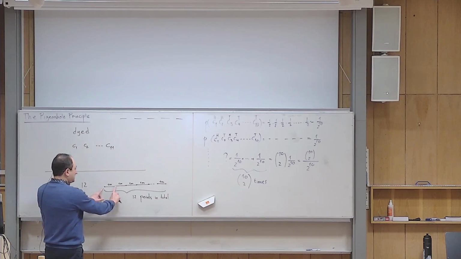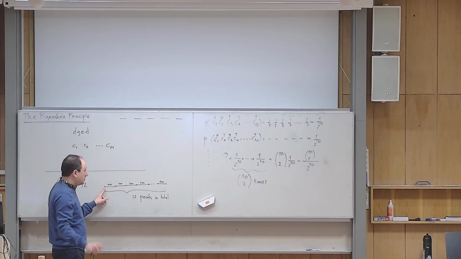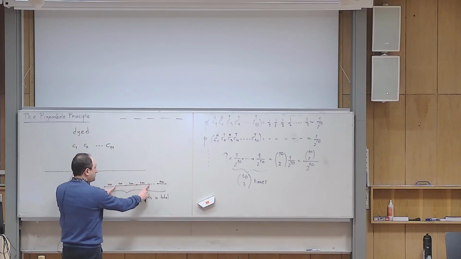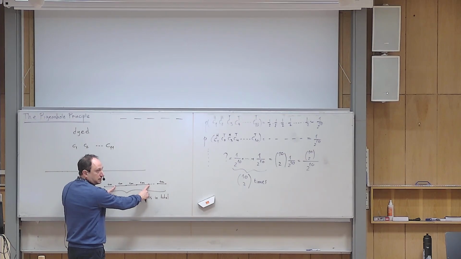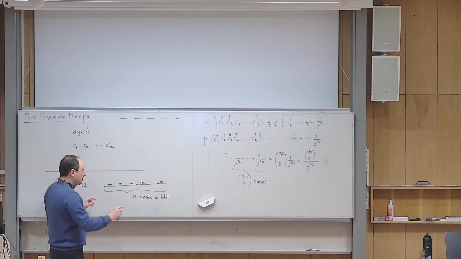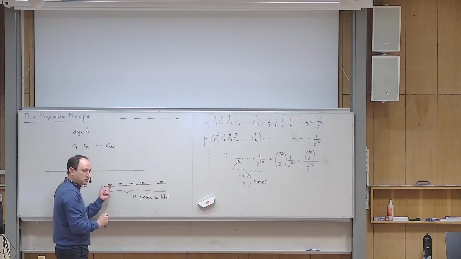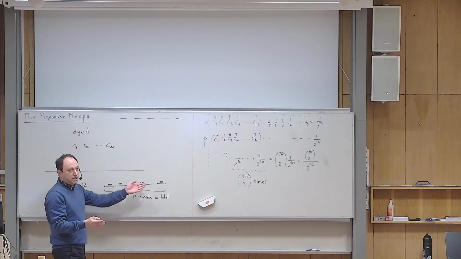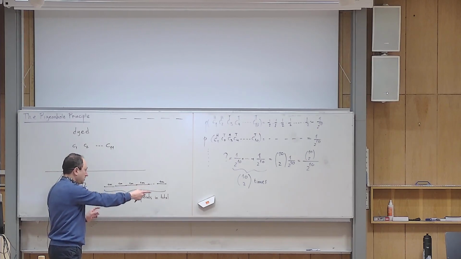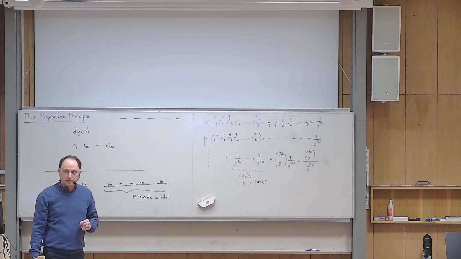Let us say the distance between them is 1 meter, which is a natural number. Or say this point and that point are of the same color. The distance between them is 1 plus 1 plus 1, which is 3, again a natural number. So it doesn't matter which 2 points you pick, the distance between them is at least 1 or another natural number, at most 11 meters. Is that clear?